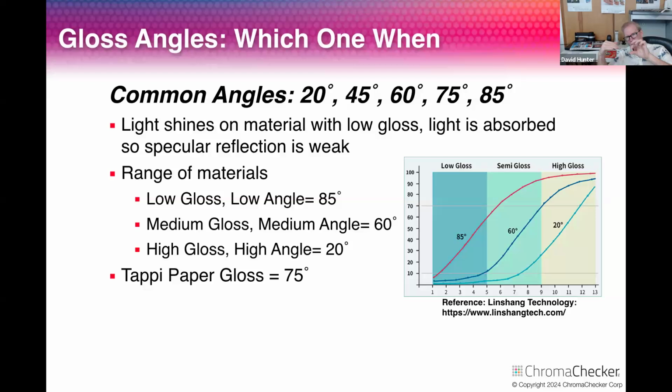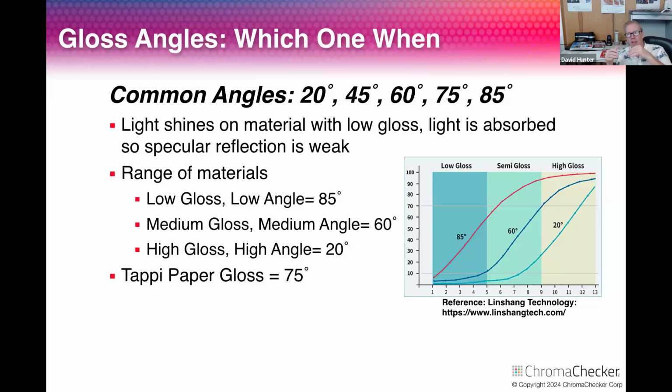The angle of reflection is what we're measuring. That's what we want to use with low gloss objects, like matte objects that don't have much gloss. A 60 degree angle is what we want to use for a medium gloss sample. And for high gloss material, we really need to use a 20 degree angle.